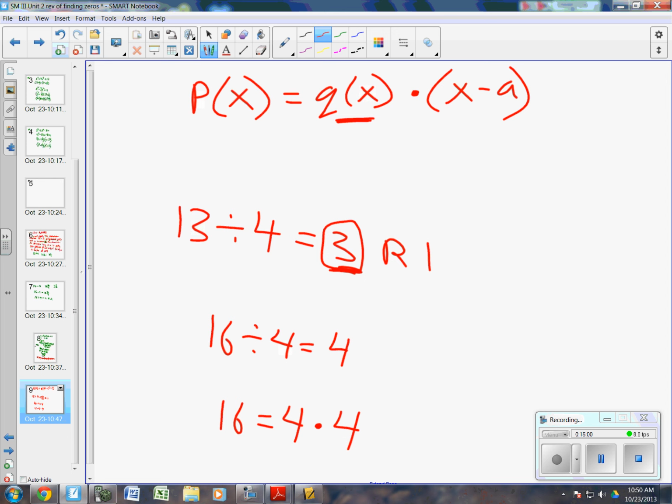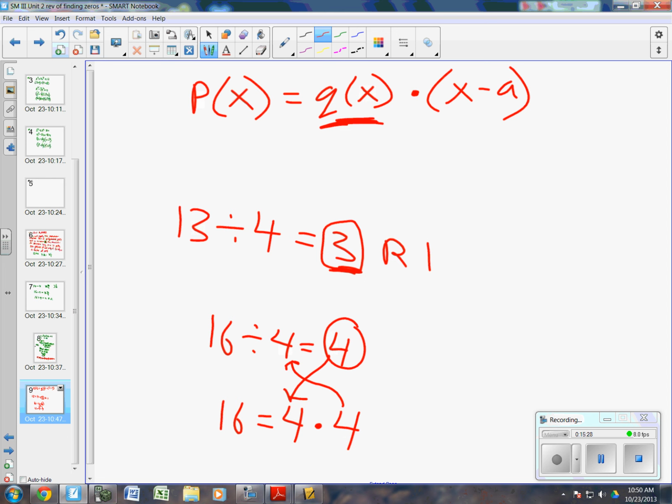This 4 right here is that 4, and this 4 right here is that 4 right there. So Q of X is what you get when you divide X minus A into P of X. And if you times Q of X by the factor, you'll get P of X. That's if the remainder was 0, right?